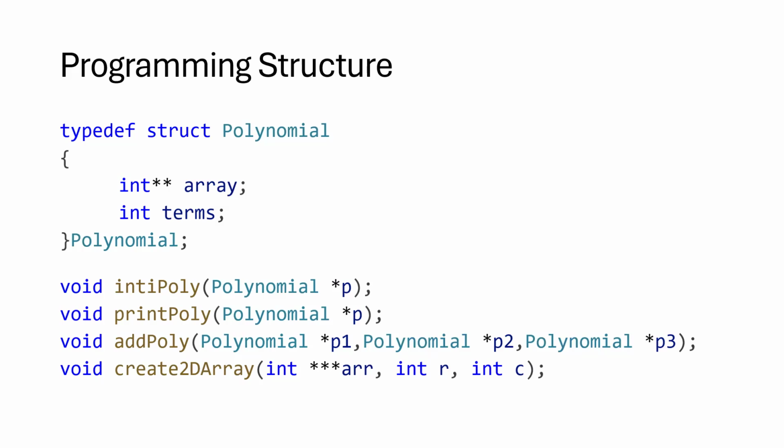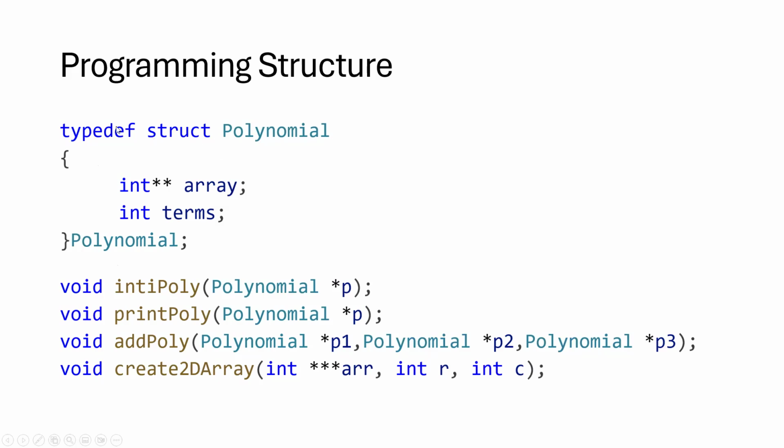So I will just provide you the skeleton of the code. You should create one polynomial user-defined type. We use struct to create such a user-defined type, and using typedef, we provide a single name for this entire thing.